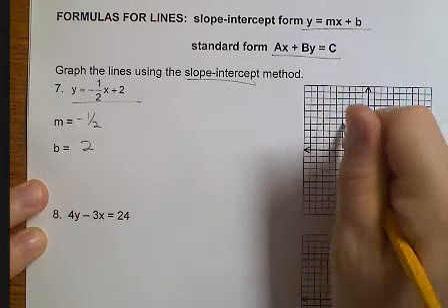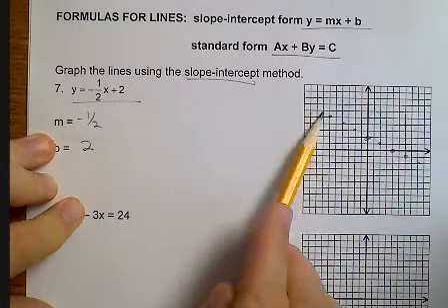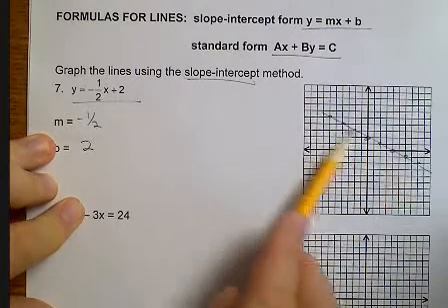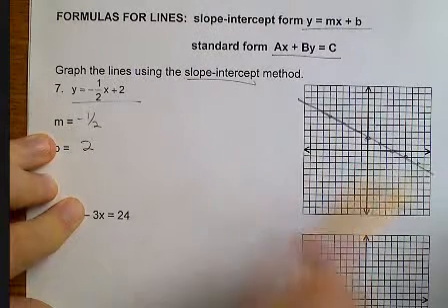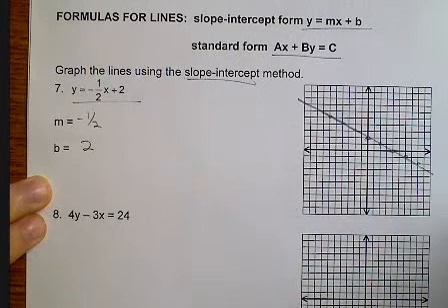You don't need to put as many dots as I'm putting. I like to put lots of dots so that my line is very clear. Pretty straightforward using that method.